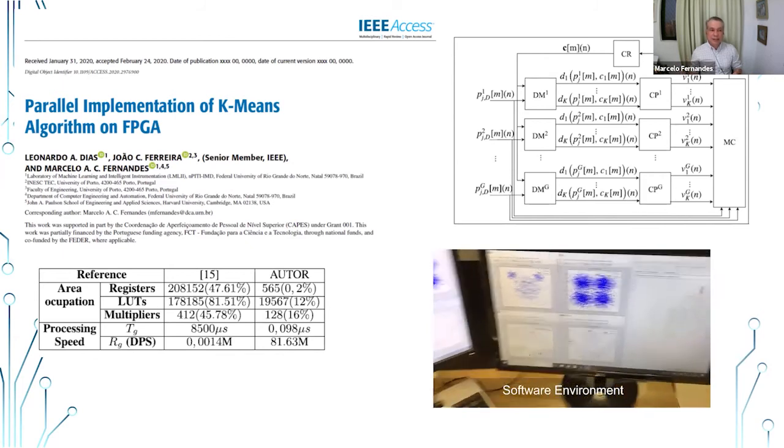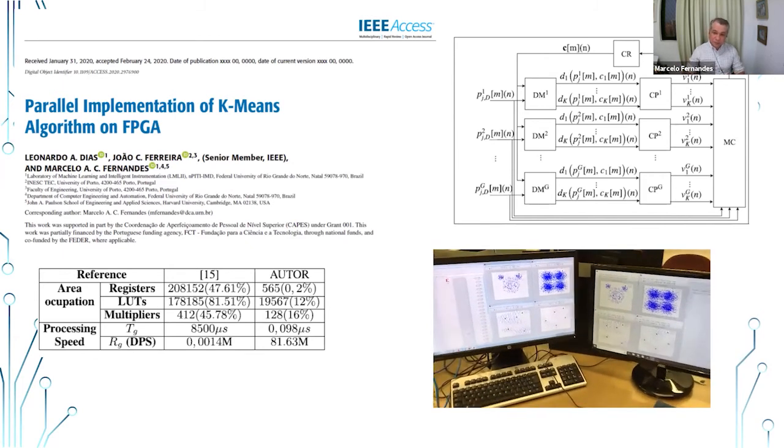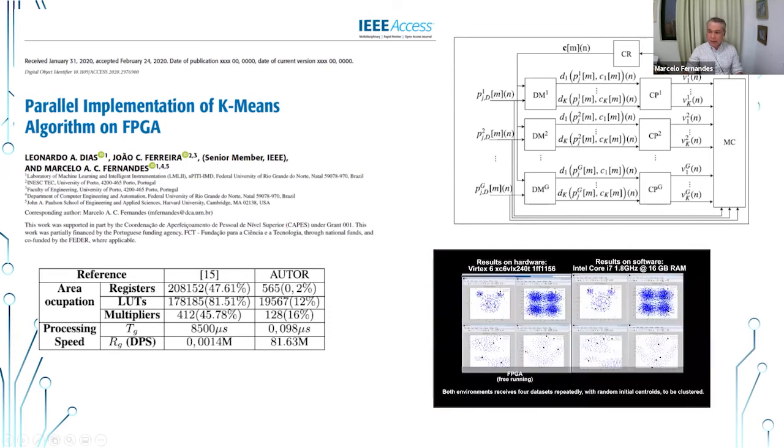On the left side, inside the hardware accelerator, there are four k-means instances in parallel, and another one on the right side in the conventional computer.